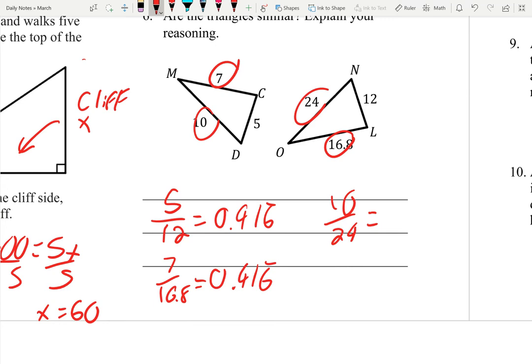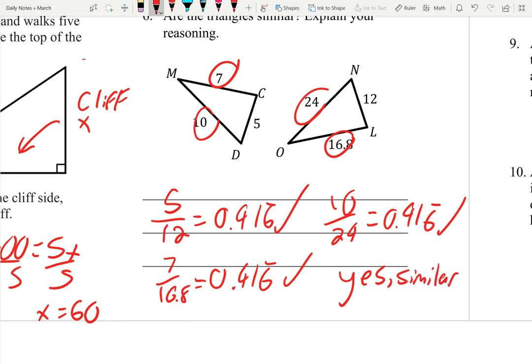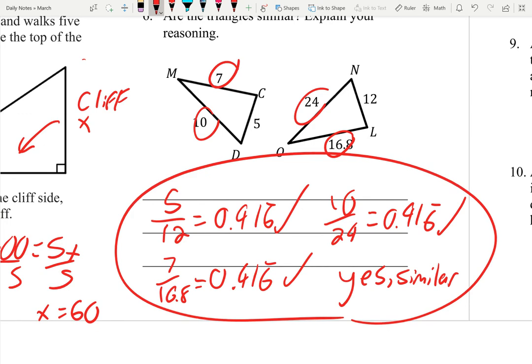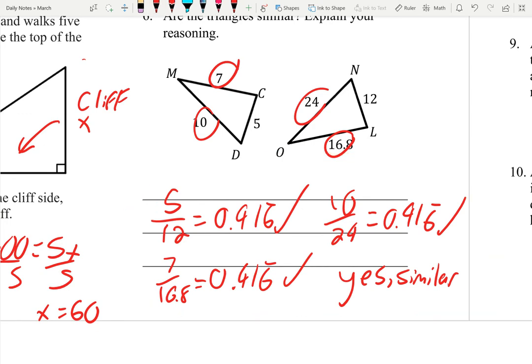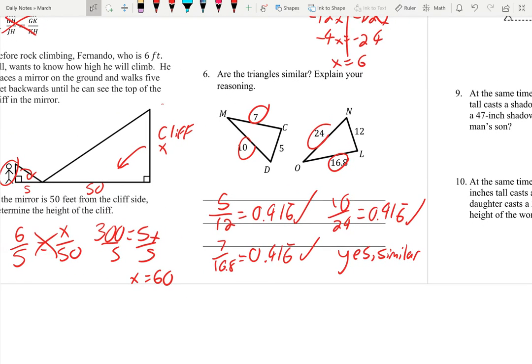And 10 divided by 24 is again 0.416 repeating. So all the numbers match, are the same, so we can say yes, similar. All the proportions line up. And that work is my explanation. Showing my work is explaining my answer.